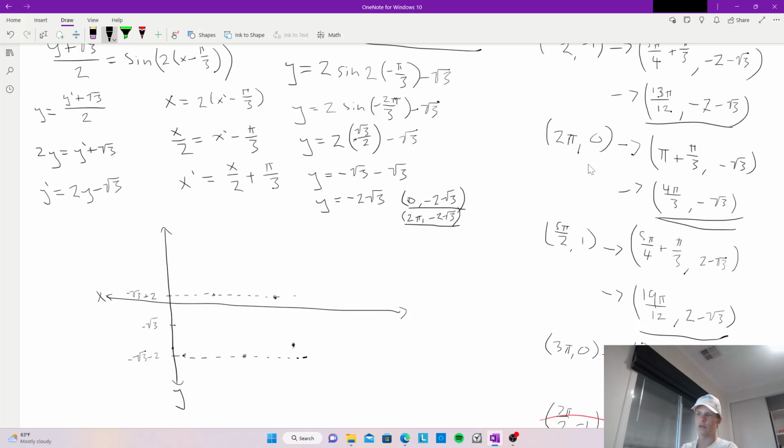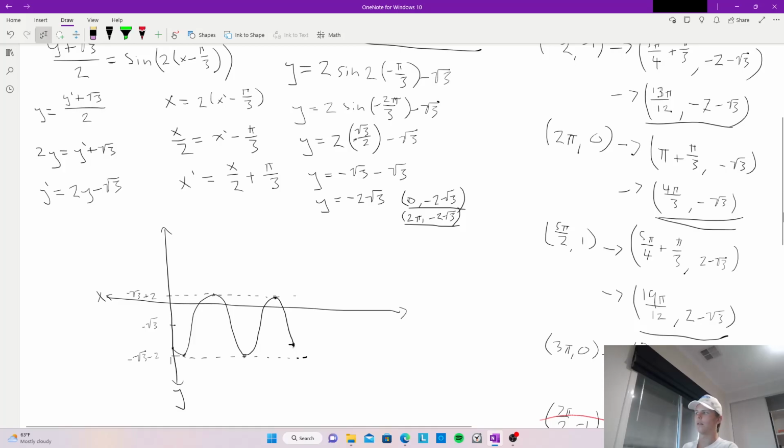So I'm just going to quickly try and draw this one in. The graph is going to look something like this. Oh my god, that is some sine graph for you. Actually it didn't look too bad. We know the graph looks like that.